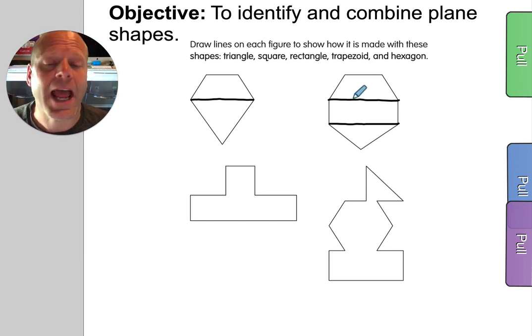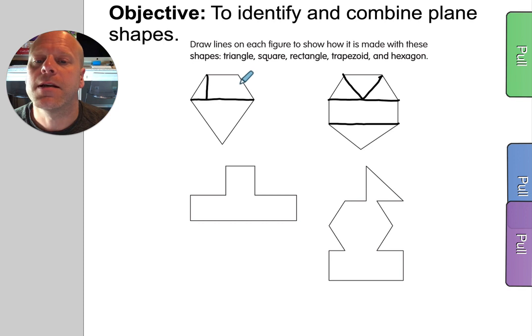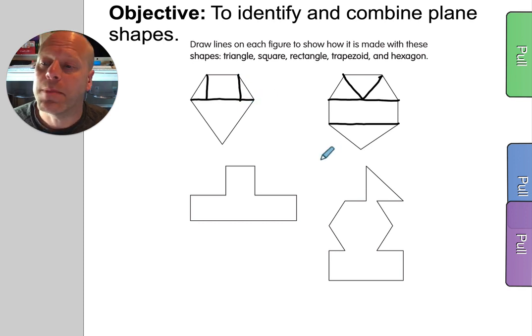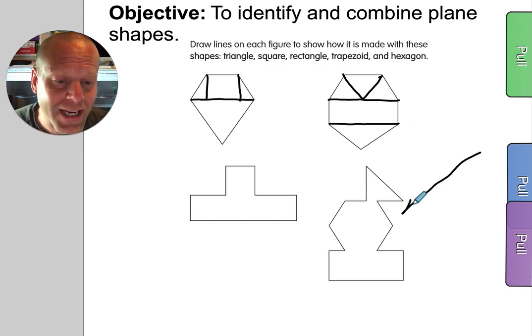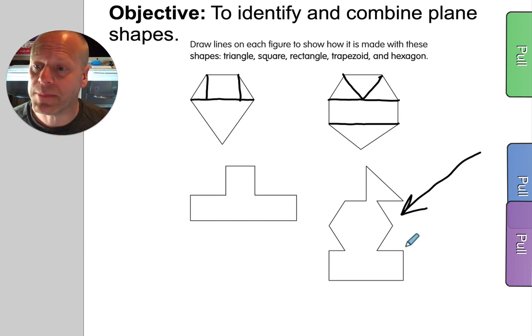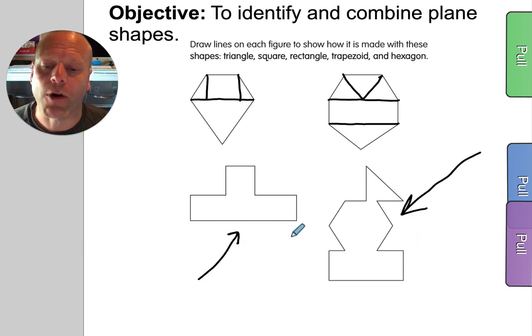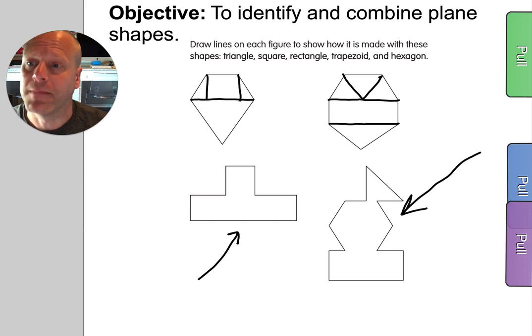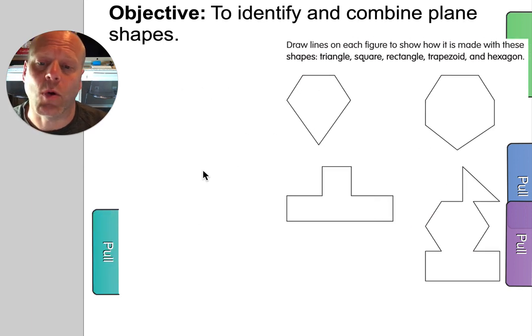However you see it happening, you could probably see these multiple ways and be 100% correct. Okay, so I want you looking for triangles, squares, rectangles, trapezoids, hexagons in these strange shapes here. See if you can figure out how they built them. That's going to be part of today's work.